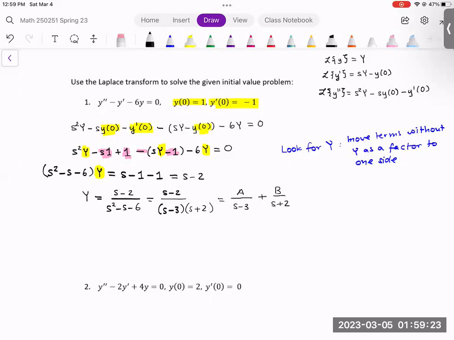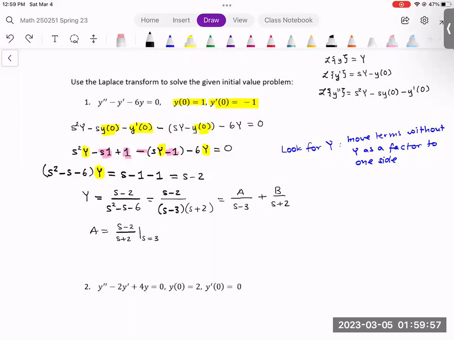So I'm going to use the cover-up method here to find these values. To find A, we're going to be evaluating s minus 2 over s plus 2 when s equals 3. We're just removing that one term and plugging in 3 everywhere else.